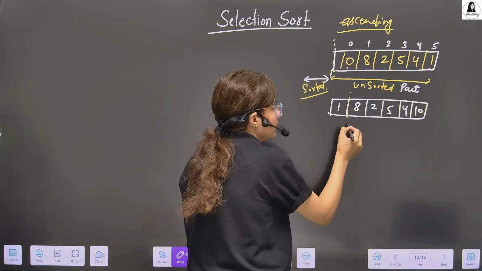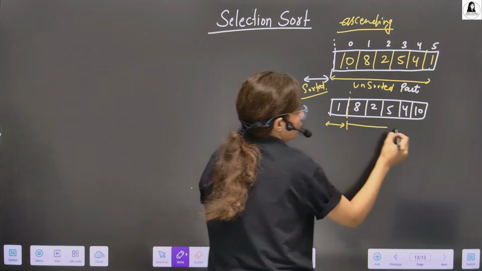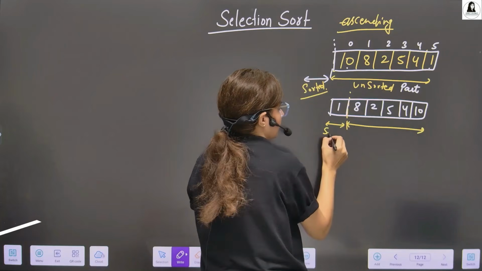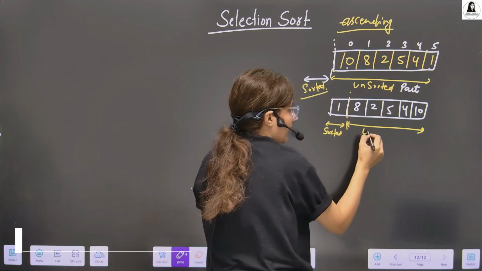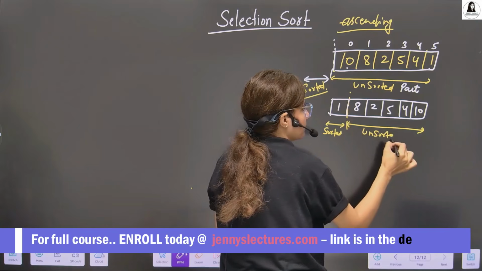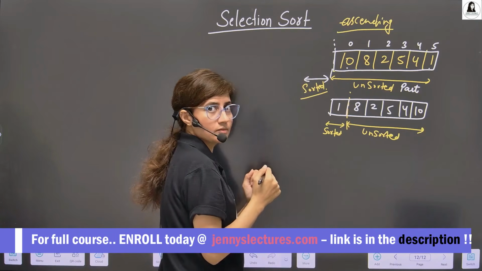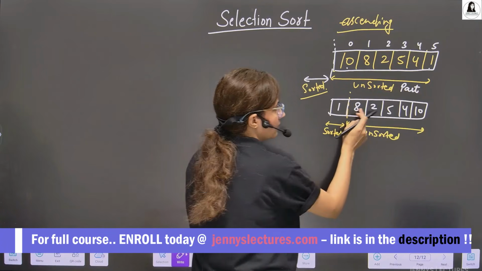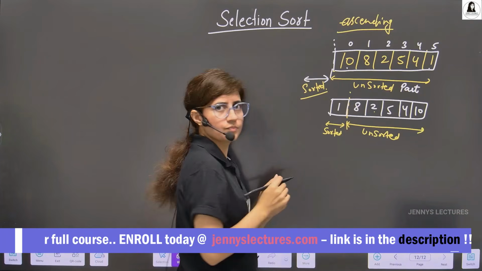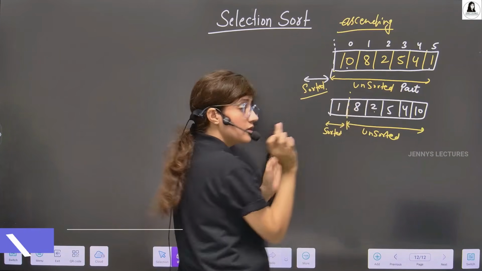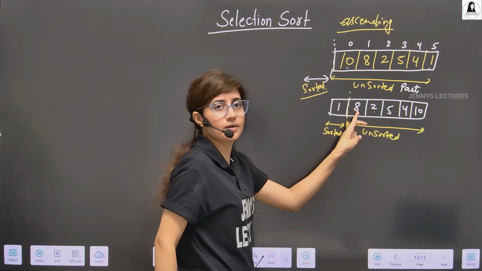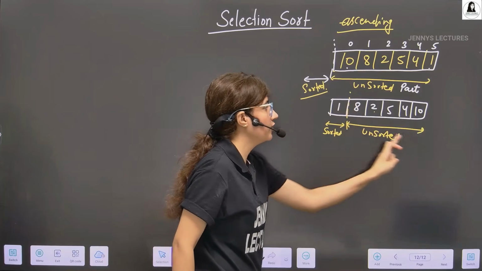Now, this is my sorted portion, this is my unsorted portion. Again, we do the same process. From the unsorted part, select the smallest element, which is 2, and swap with the first element of the unsorted part.